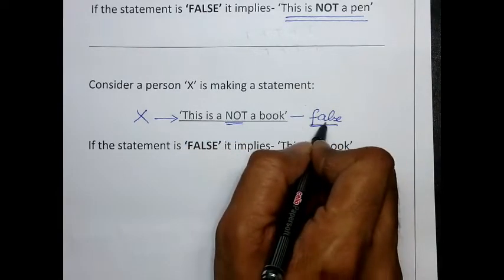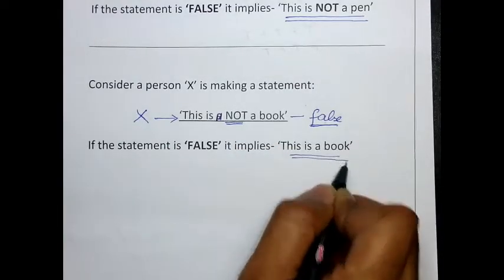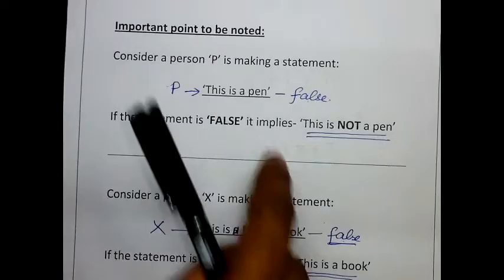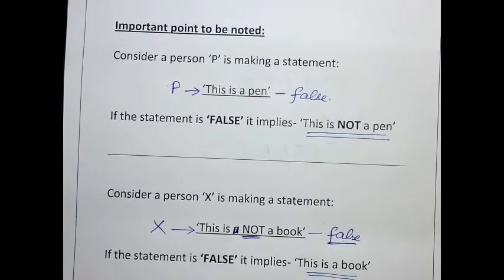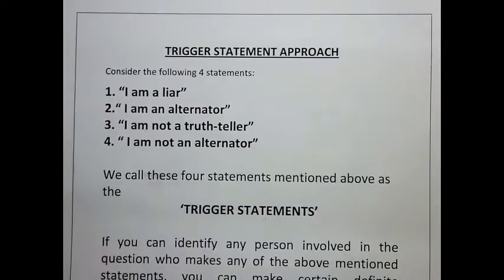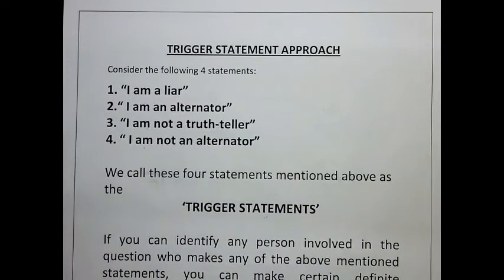If it is false, then it means that this is a book. You will be dealing with these types of situations a lot of times while dealing with questions on binary logic. Now let me present in front of you what this trigger statement approach is.